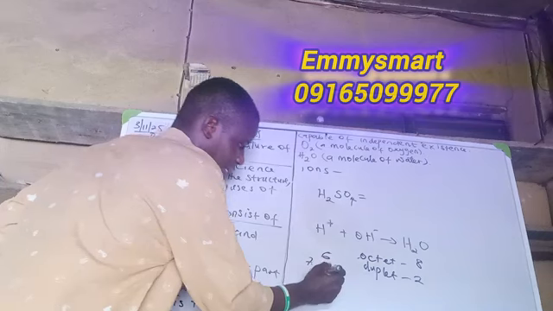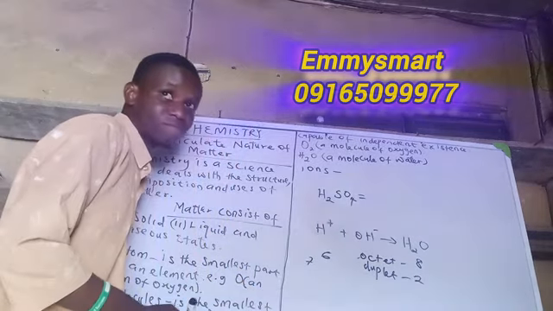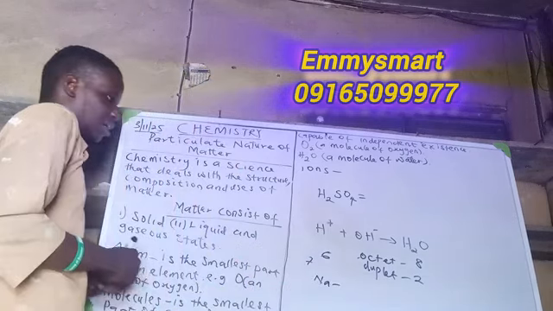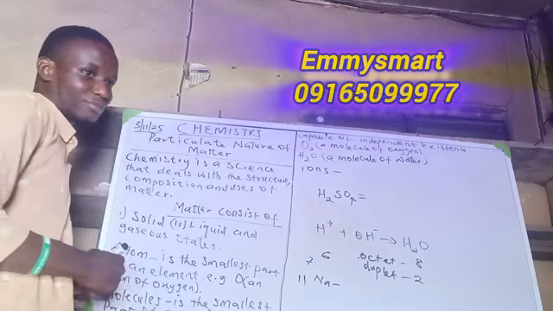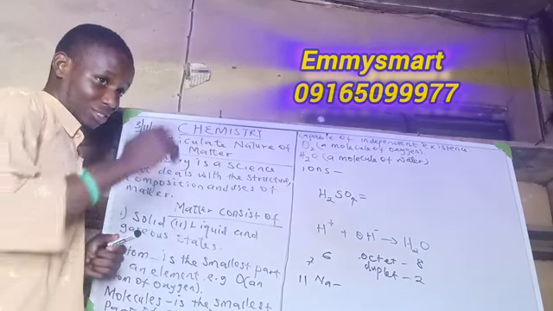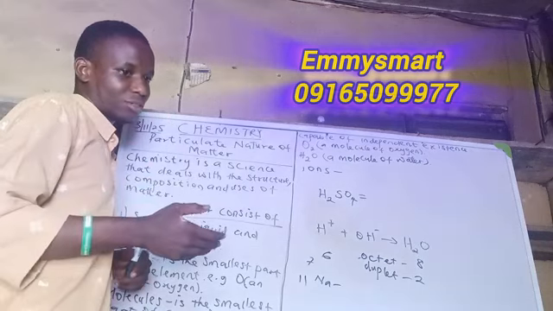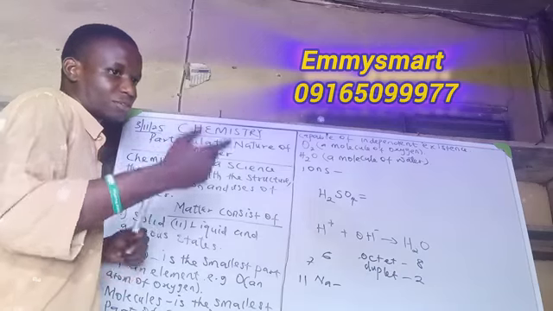Mention an example. Sodium. Sodium is 11. Neon is 10. Sodium, magnesium, aluminum, silicon, phosphorus, sulfur.